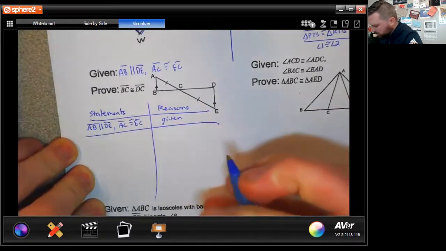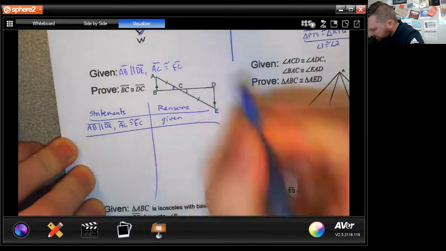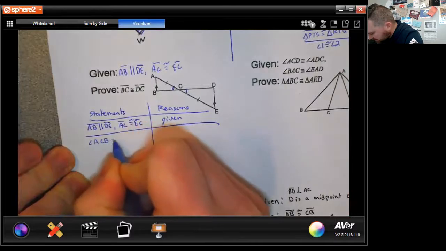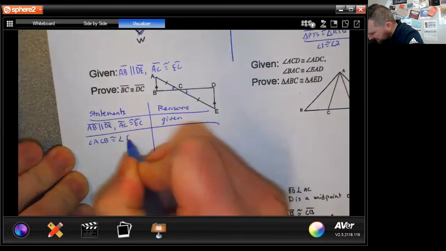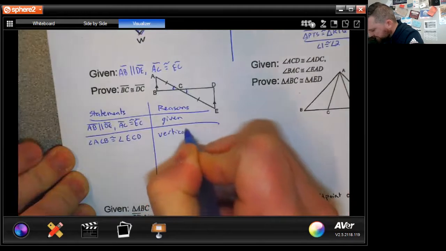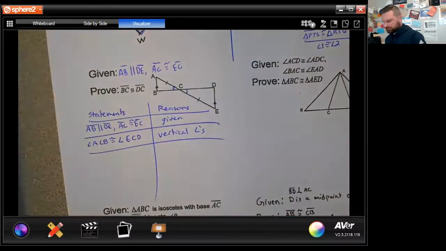Okay. We have vertical angles right here. So this angle and this angle are vertical. So angle ACB is congruent to angle ECD. The vertical angles. There's nothing shared in these two triangles. And we can go with one of two angles.